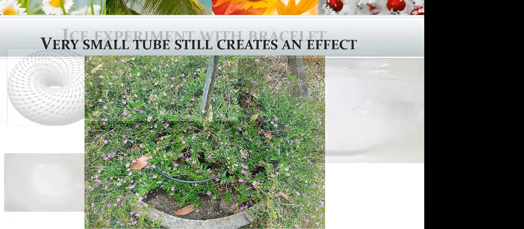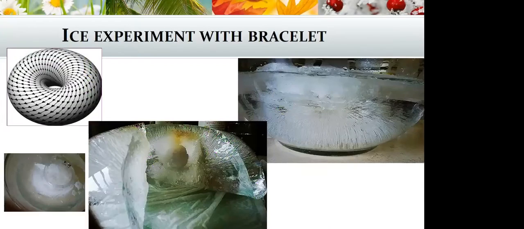And the reason was because the first thing I ever did was take a bracelet and I suspended it over a bowl of water, and I froze it. And if you look at the donut shape of the torus field there, when I actually took my ice experiment out, I flipped it over, popped it out of the glass, and immediately the ice block broke in half.